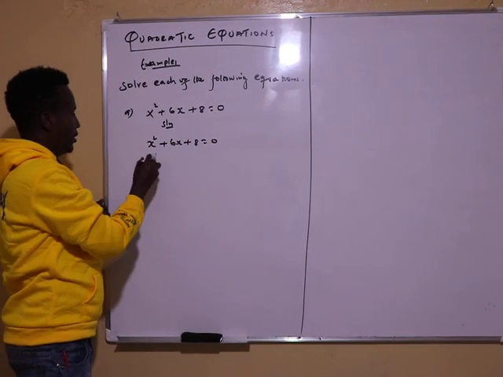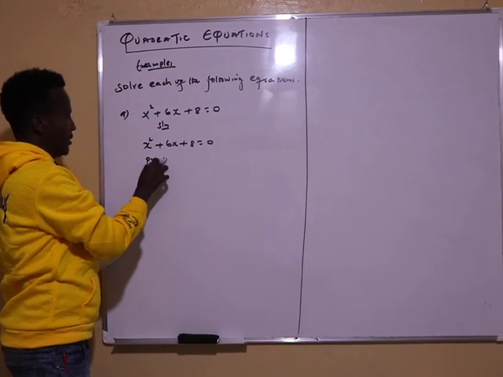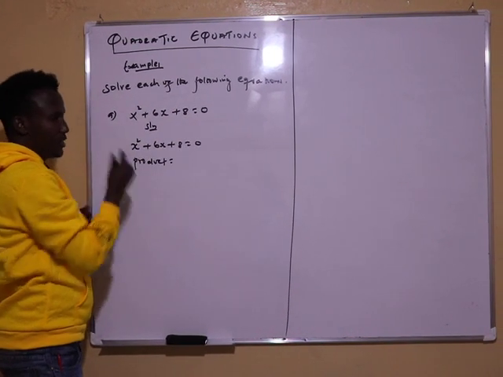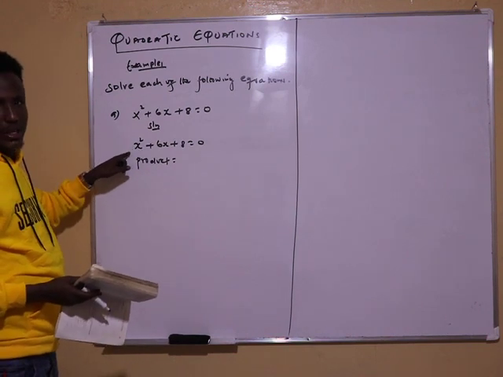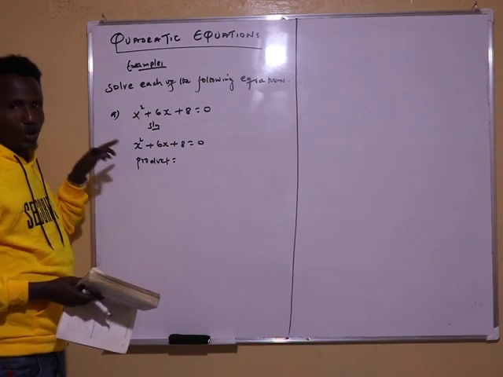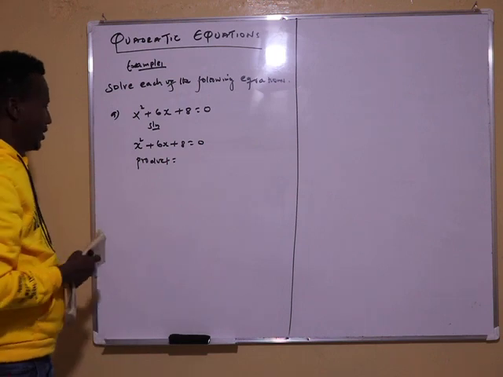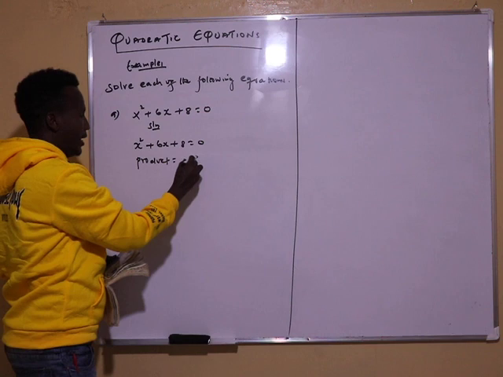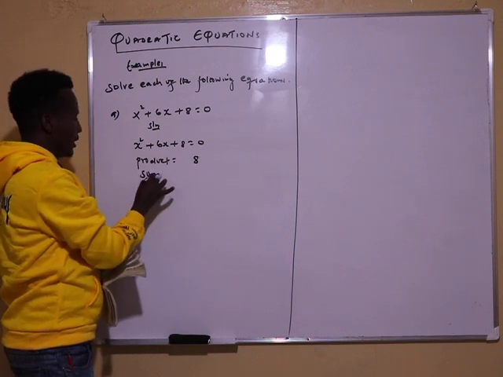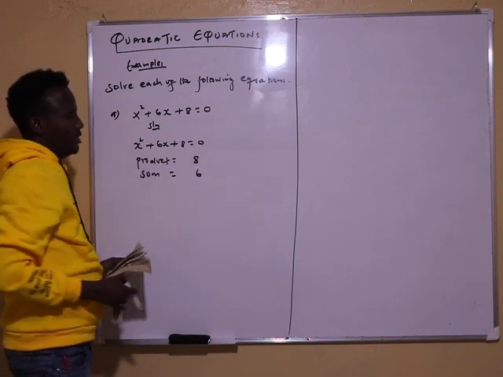Get your product. Product is always what? AC. Product is equal to AC. You remember that we said when we have only x squared here at the beginning, the coefficient of x squared is 1. It's hidden. So for us to get the product will be that 1 multiplied by c, which is 8. Then go to the sum side, we have 6.